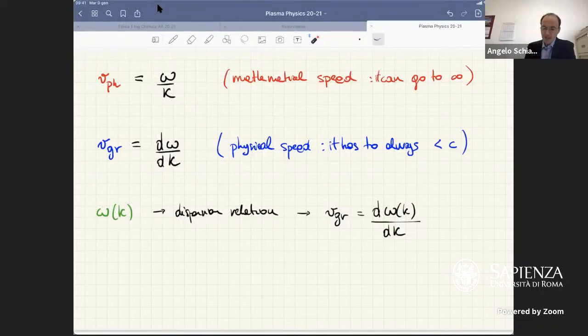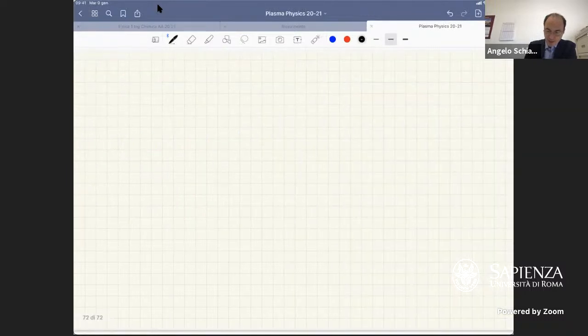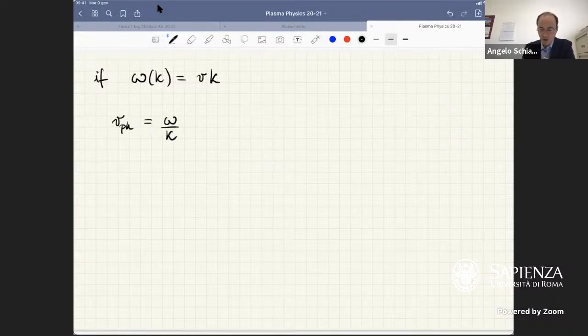So in our case, let's see what the group velocity and the phase velocity are. If omega of k equals v k, then the phase velocity, v phase, is just defined by the ratio of omega over k, for omega and k which solve the wave equation.